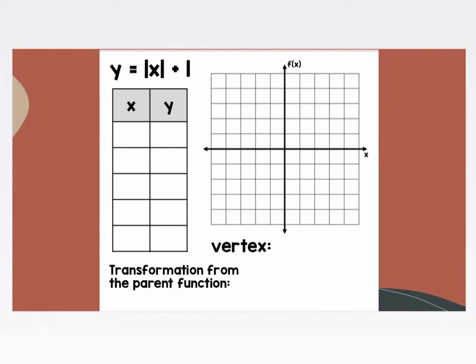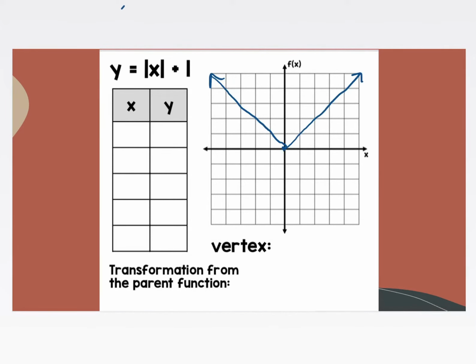Okay, let's move on to a few examples. So here we have y equals the absolute value of x plus 1. So again, I'm just going to draw my parent function in blue, so that way it's a little bit easier to see the transformation. You may do the same, but this is not required.